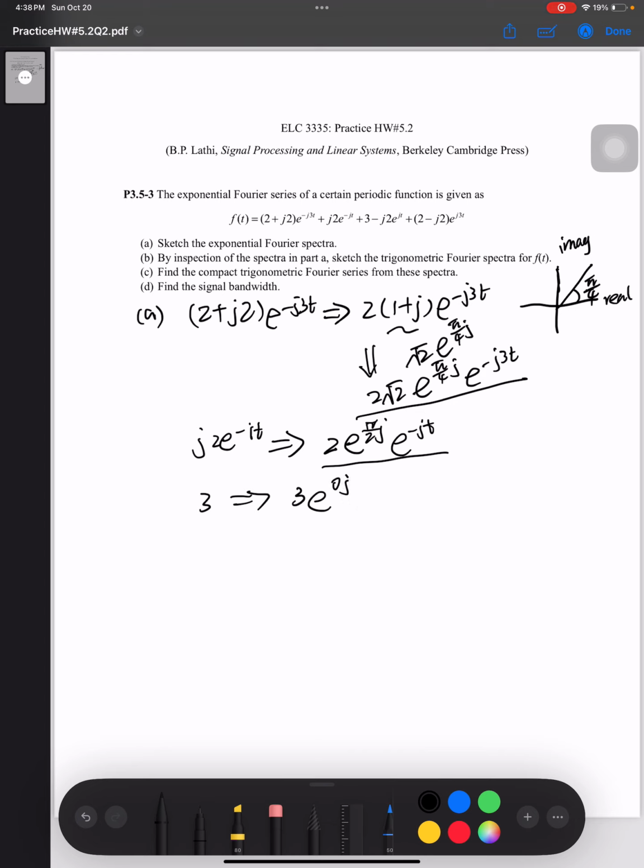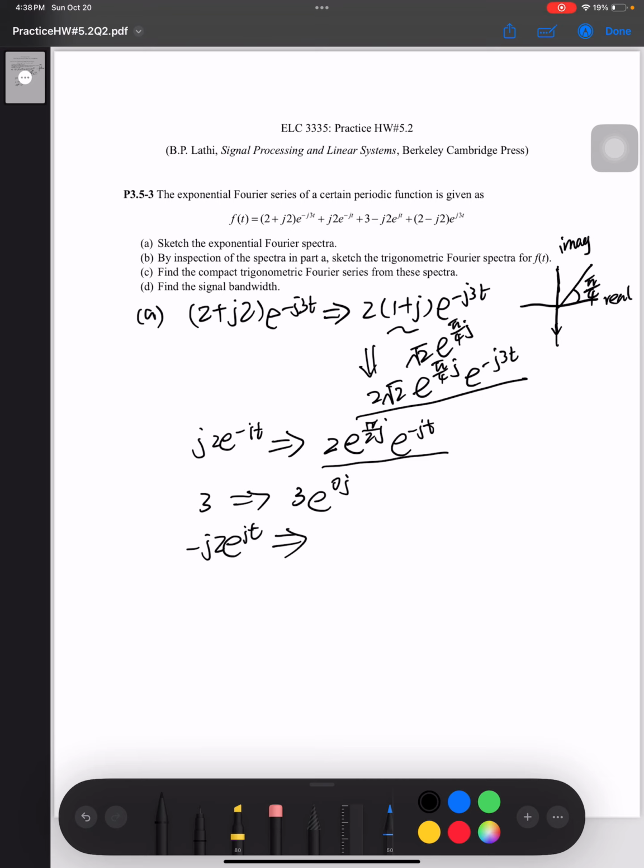And the next term, minus j2 times e to the jt. This is purely a negative imaginary number, so it's on the negative side of the y-axis.